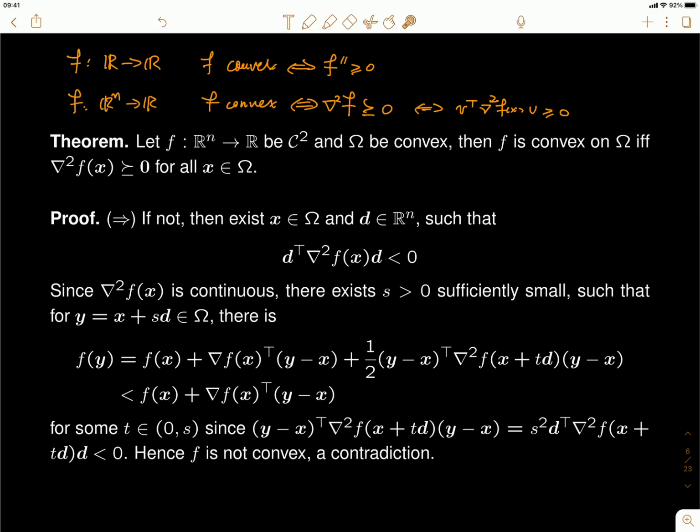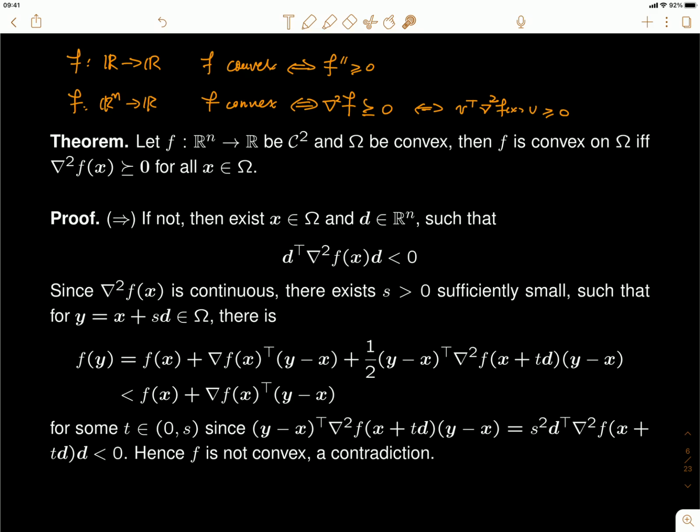Assume this is not true. If this is not true, then that means at some point x, this matrix is not positive semi-definite. And that means there exists some vector, we call it d, such that when you multiply this d on the two sides of this Hessian matrix at this point x, you get a negative value, a negative scalar.